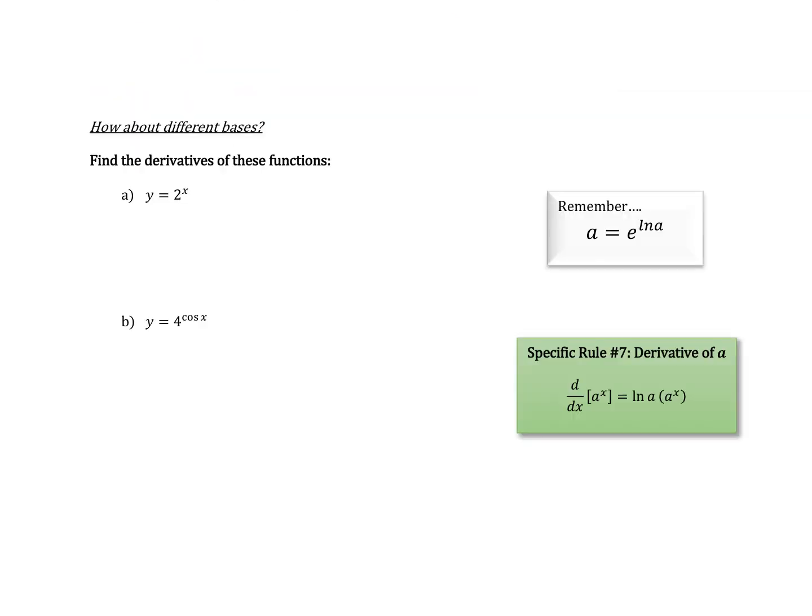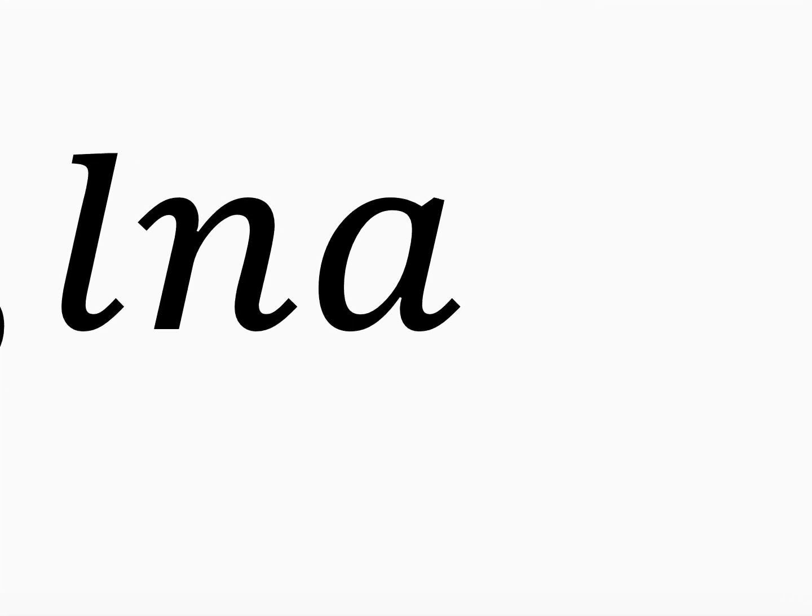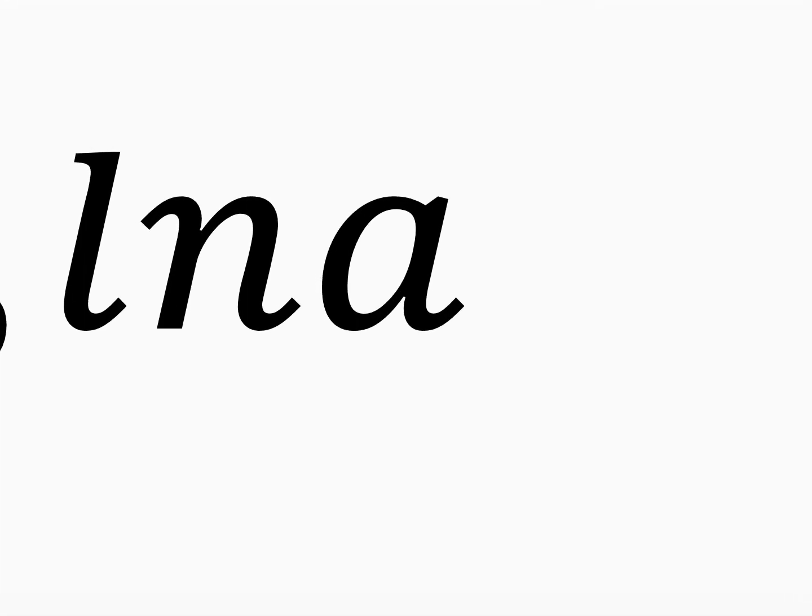And what if we have a different base instead of e to the x? Well, we've got to remember this. If we have some number a, we can write that as e to the natural log of a. Just to convince ourselves that that is what we think it is, ask ourselves, what is the natural log of a?